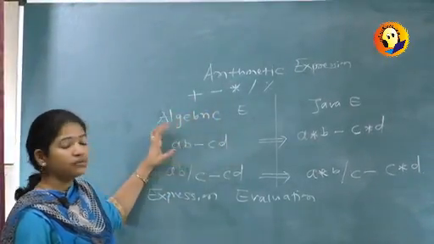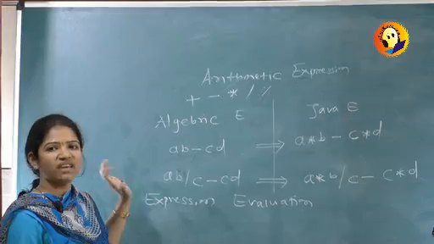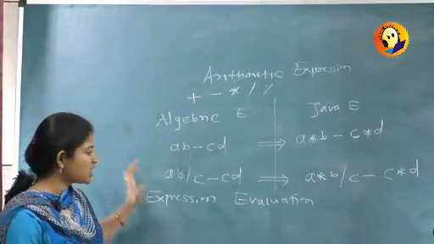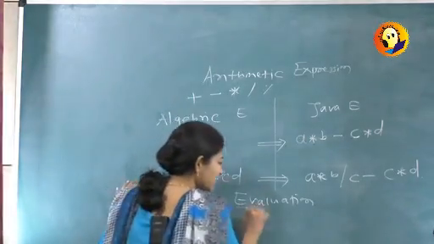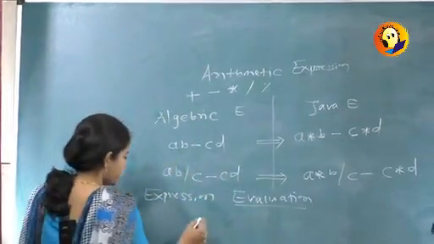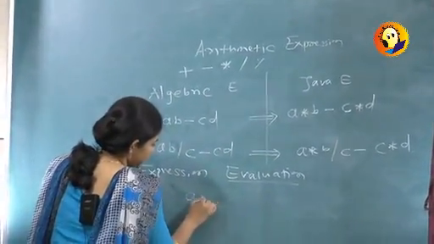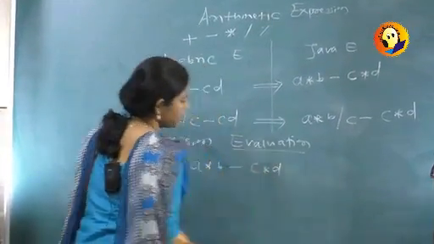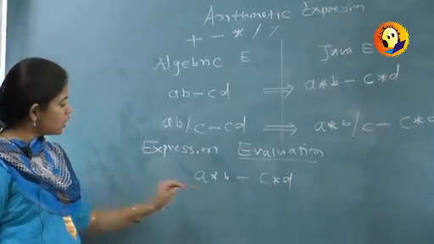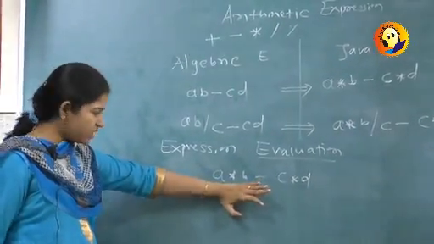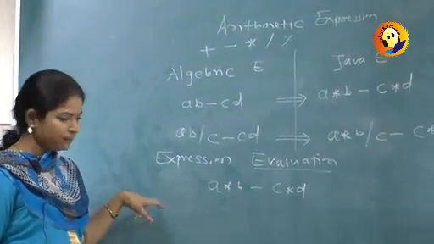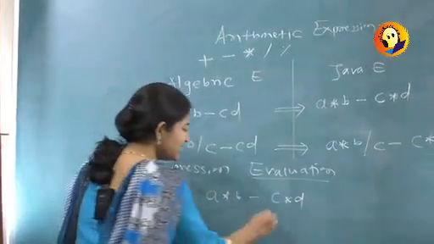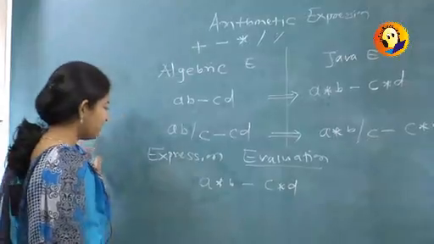Assigning a particular expression to a variable and computing its result is called expression evaluation. For example, A into B minus C into D. Consider this expression. Assigning it to a variable and computing its result is called expression evaluation.